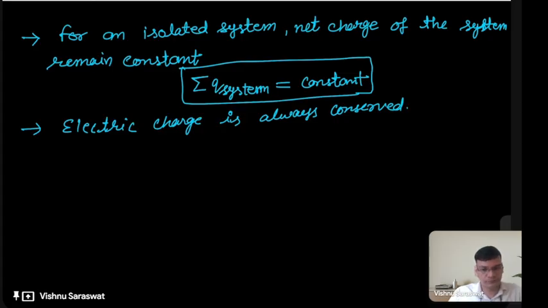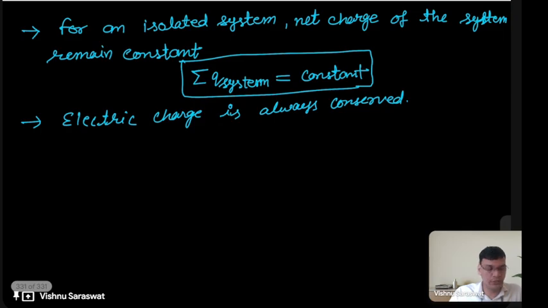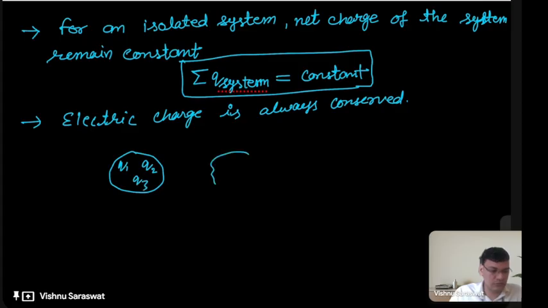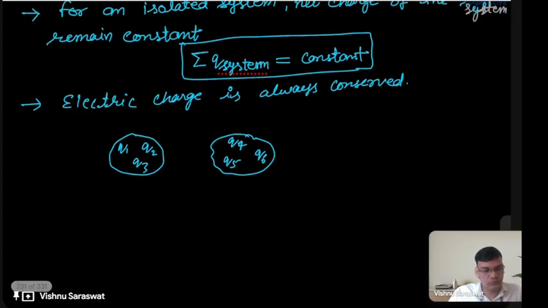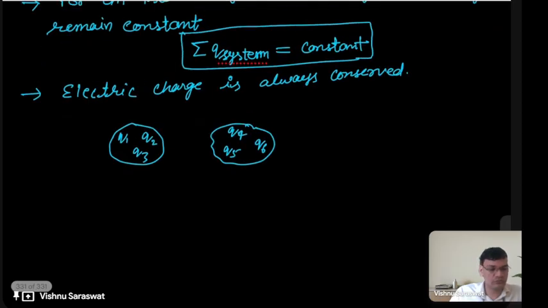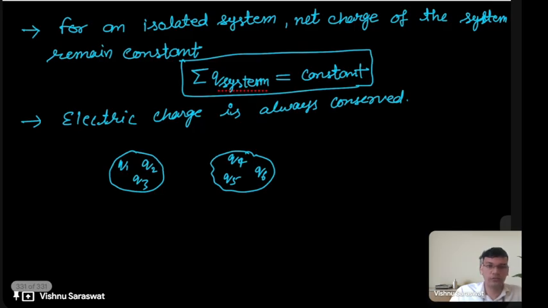So suppose we have two bodies or two atoms. We consider an isolated body in which the charges are q1, q2 and q3, and another isolated body which has charges q4, q5 and q6. As I already told, for any isolated body the net charge of the system remains constant.